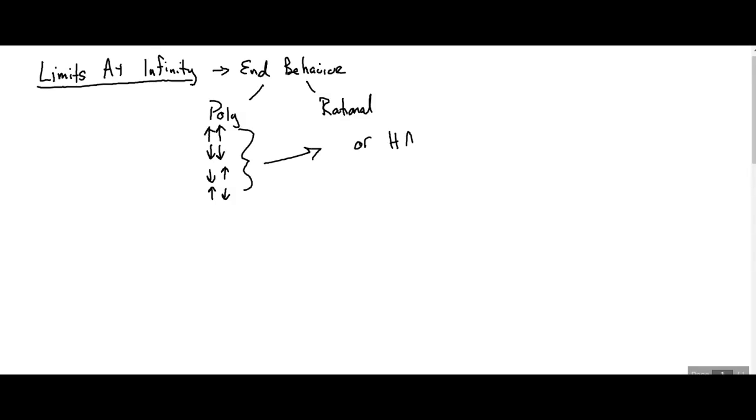Or a horizontal asymptote. And that's basically it. There's one other function I want to show you, and that's the exponential function. And I'll talk about that briefly. But in essence, you already know all of the answers for limits to infinity because you know the end behavior rules of polynomials and rational functions. That's why we reviewed it at the beginning of the year.